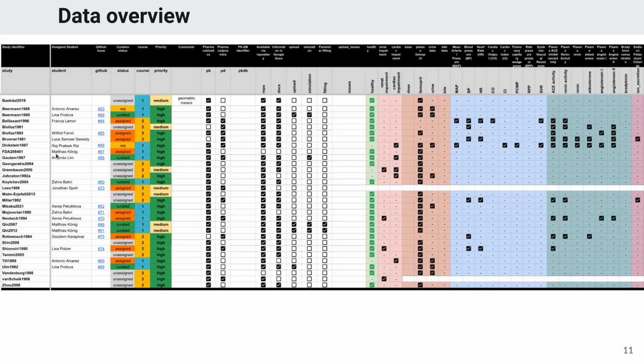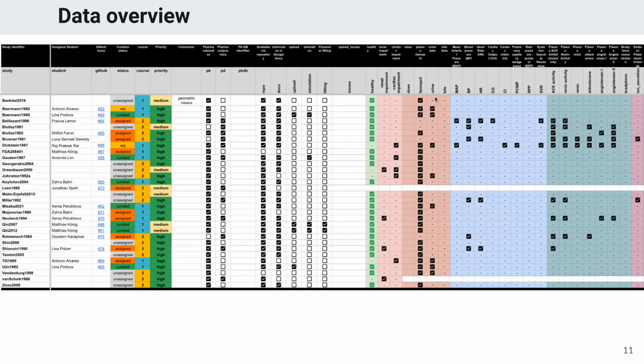And the idea is to work on the things which have high priority and basically provide complementary data to what we have so far. What we can see here in this table is different things. It's about who is working on what, what the status is, if we have pharmacokinetic and pharmacodynamic data, if we already have this in the repositories, in the documentation, if things are uploaded and so on, and also which subset of data is in here.